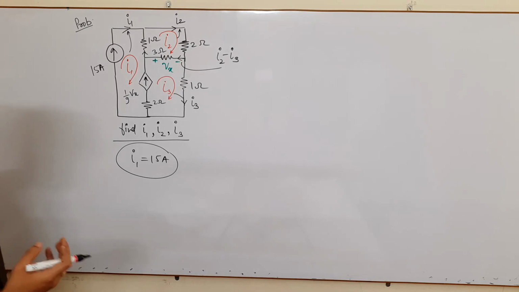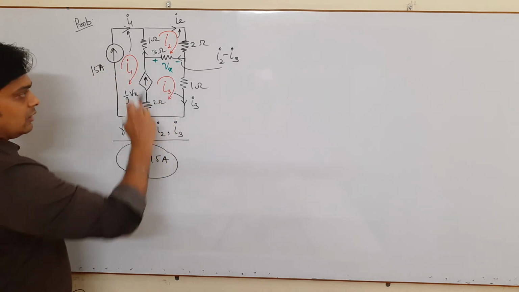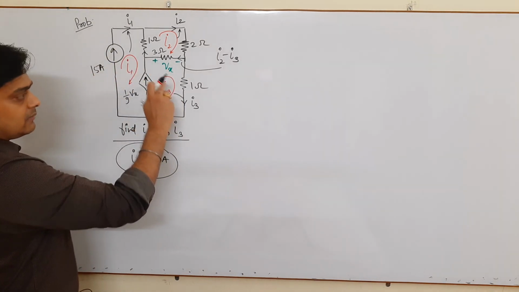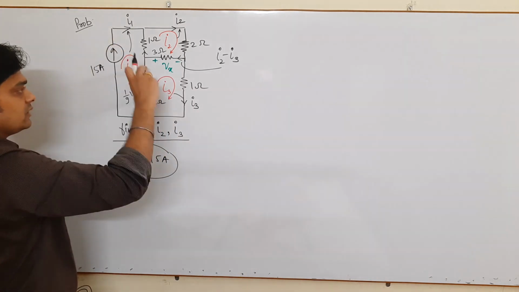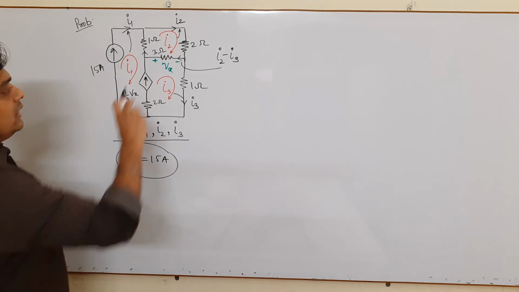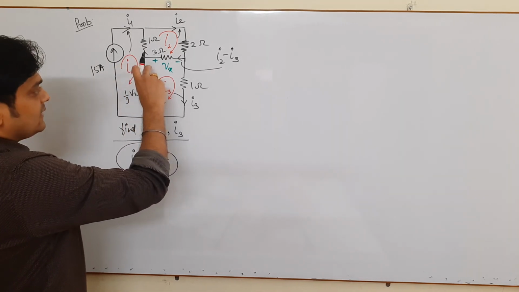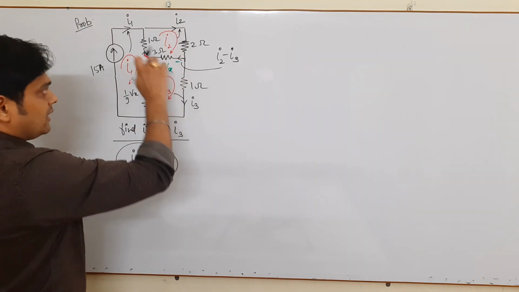Now the question comes, how do we find the value of I2 and I3? See, we cannot apply a loop here. The reason which I mentioned earlier is that whenever there is no voltage source given across the current source, you cannot apply the law of KVL. So in this condition, you have to analyze the circuit. I should apply one loop here.